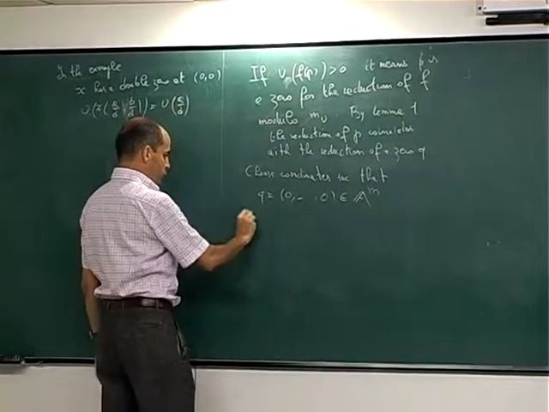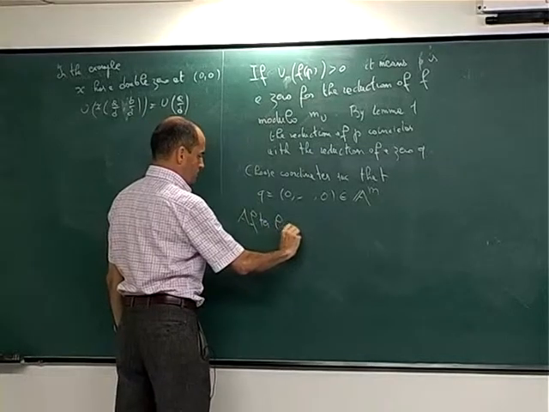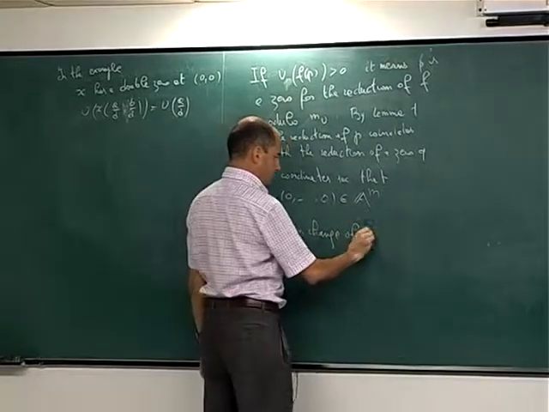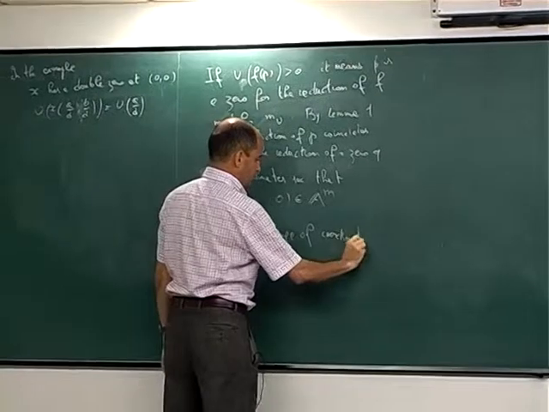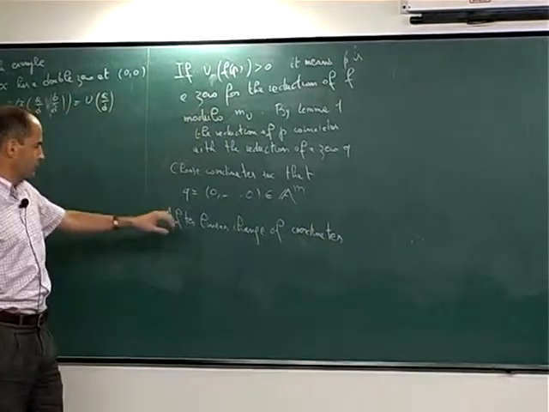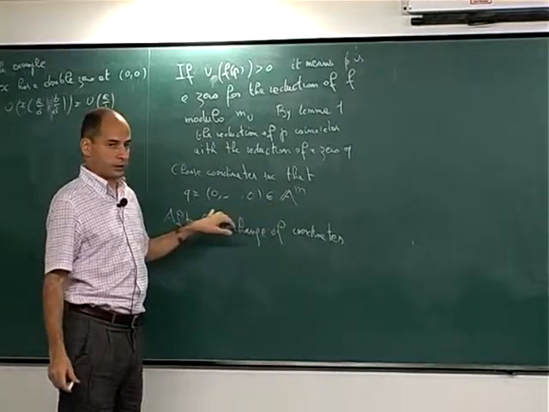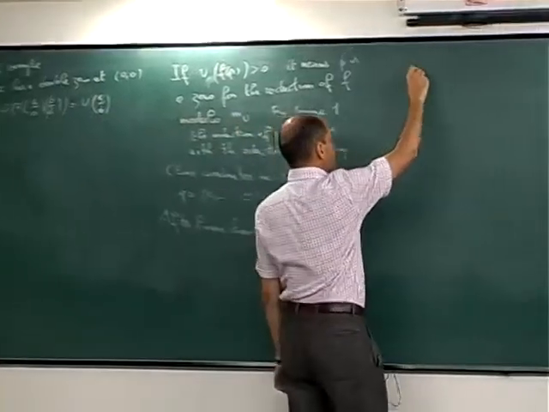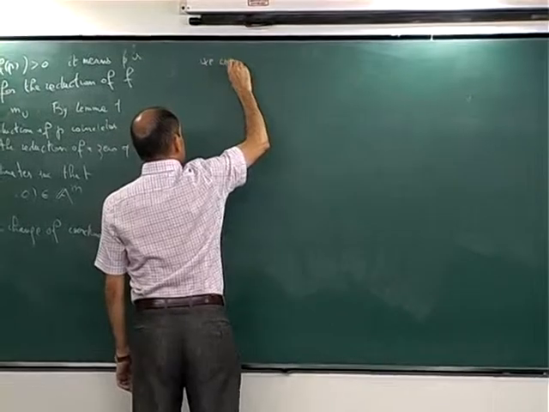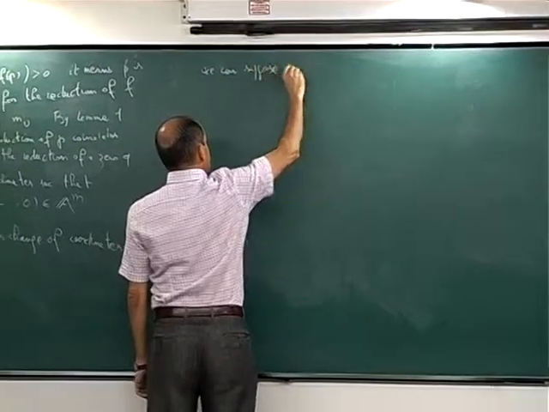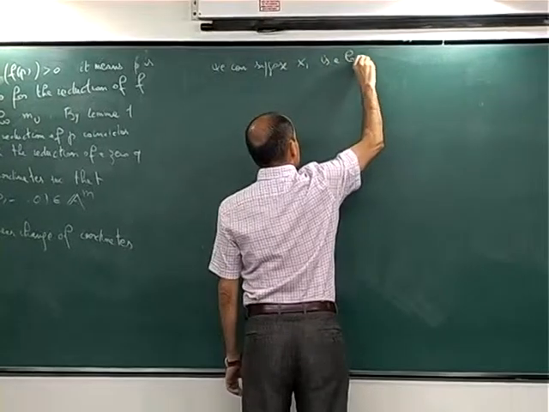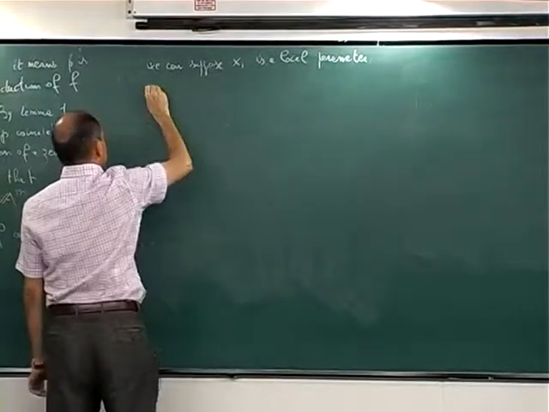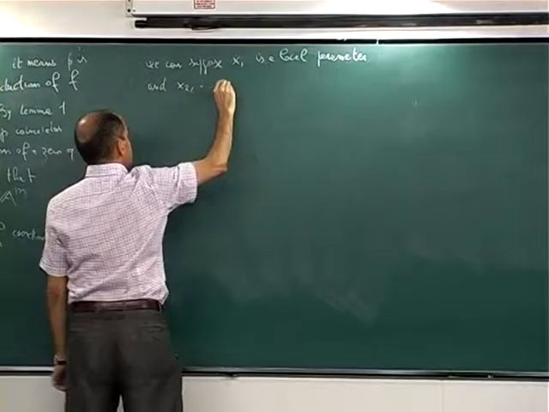So after a linear change of coordinates, we can suppose that the first coordinate is a local parameter at the origin. x1 is a local parameter.